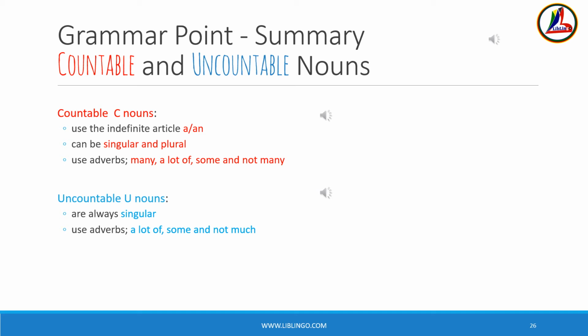Countable nouns use adverbs many, a lot of, some, and not many. Uncountable nouns are always singular. Uncountable nouns use adverbs such as a lot of, some, and not much.